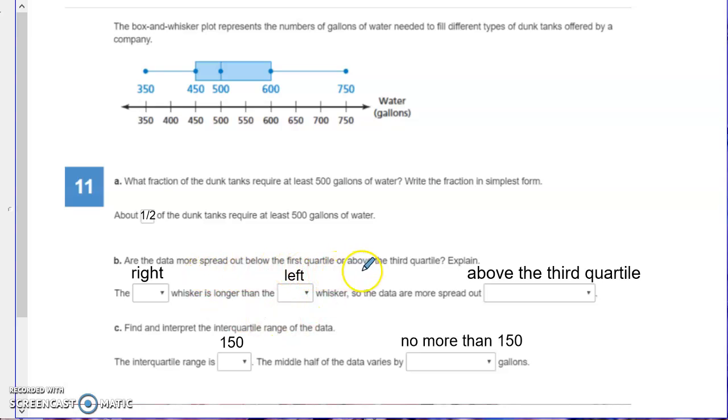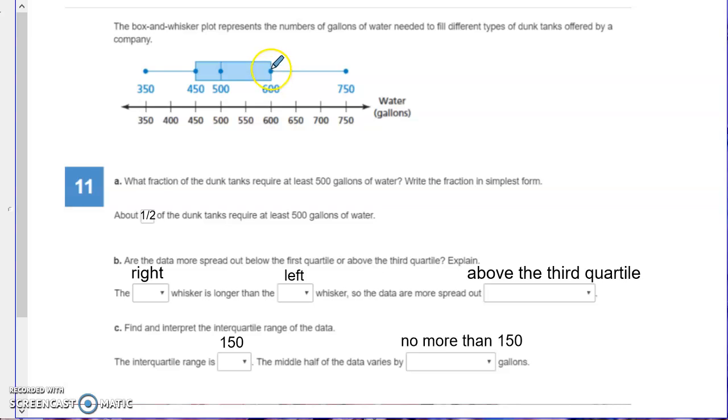Are the data more spread out below the first quartile or above the third quartile? And it says explain. The right whisker, which would be this one over here, is longer than the left whisker, which is this one over here. So the data are more spread out above the third quartile. Then part C says find and interpret the interquartile range of the data.